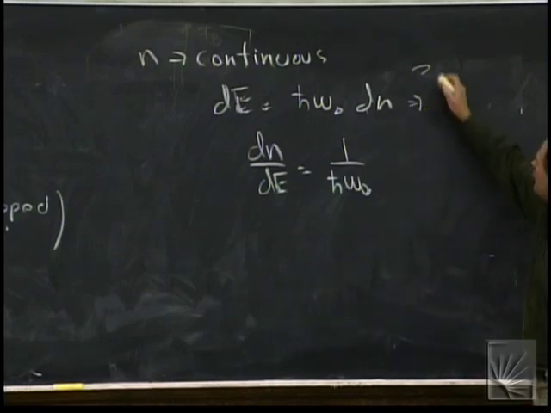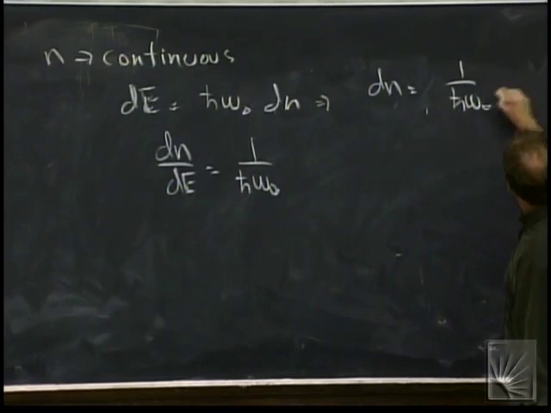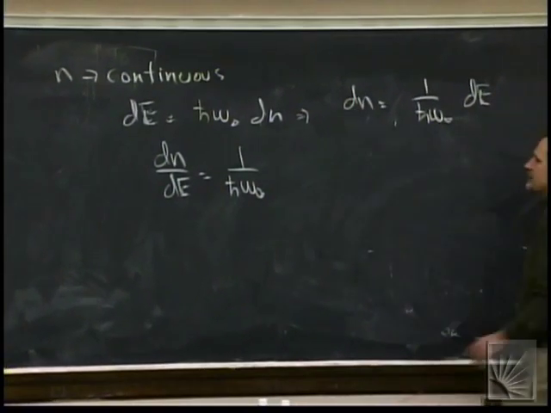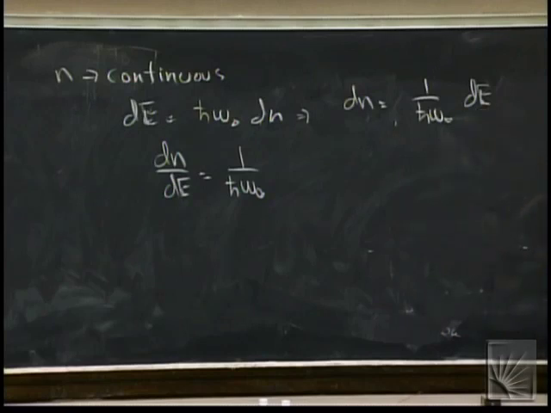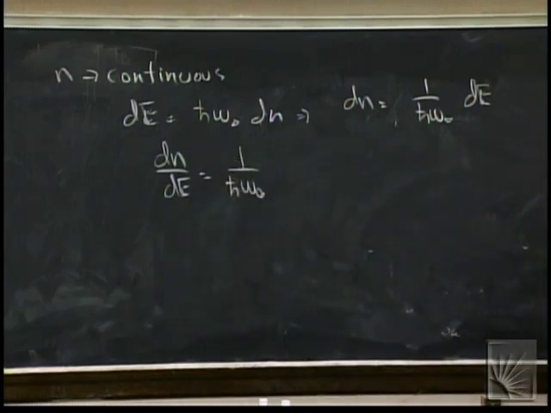There would clearly be dn equal to 1 over h bar omega naught times dE. That would be the number of states in some energy range dE. And therefore, dn/dE is 1 over h bar omega naught.